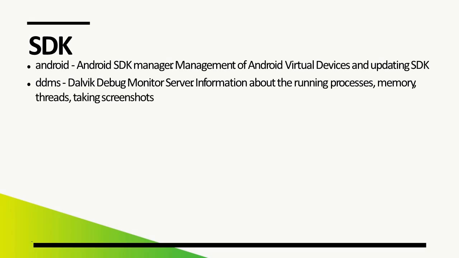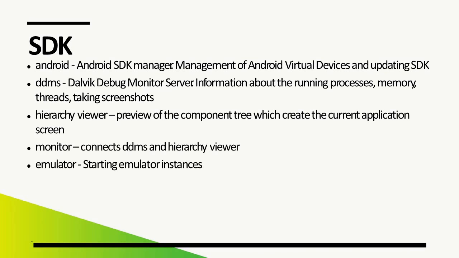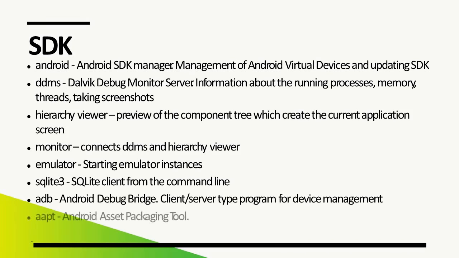Android Studio includes, for instance, the SDK, Software Development Kit, which is extremely important. It's a set of tools and libraries which are necessary to create Android applications. To see what is included in the SDK, let's launch the console and go to the relevant directory.